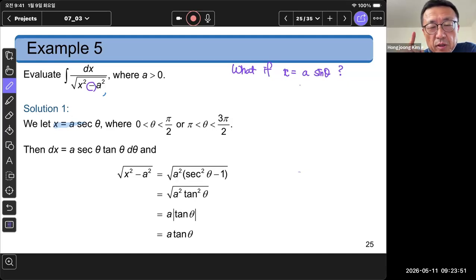Okay, you should check the sign of x squared first. If the coefficient of x squared is negative, then x will be replaced by a sine theta. But if the coefficient of x squared is positive, as in example 5, then you have two possibilities: x squared plus some number squared, or some number squared plus x squared.